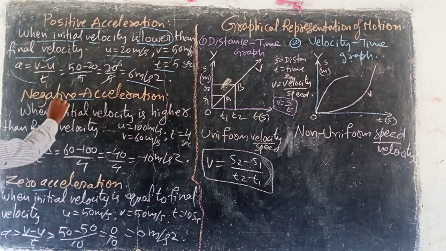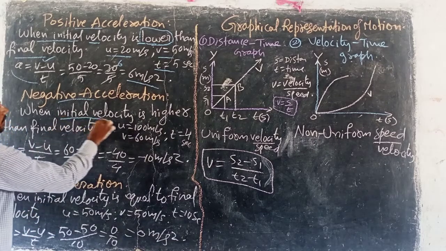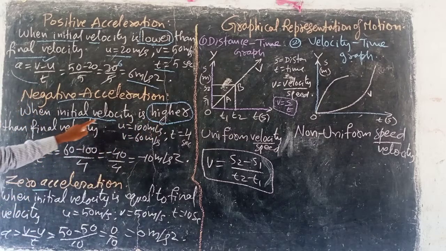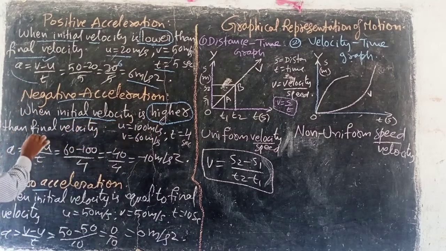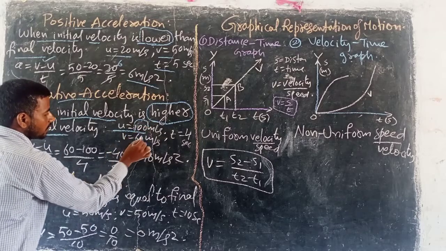Second one, negative acceleration. What is negative acceleration? Look here, simple. When initial velocity is higher than final velocity. Initial velocity is 100, final velocity is 60.